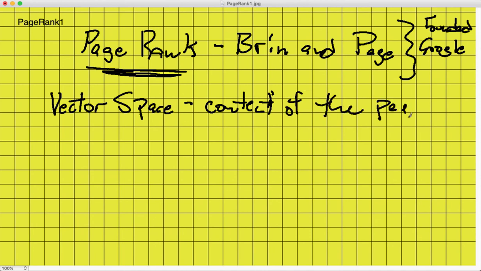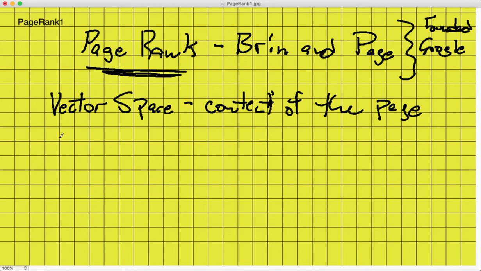In other words, we look at the actual words that comprise a particular document, and the measure of the goodness of that document is based upon the content of that document.